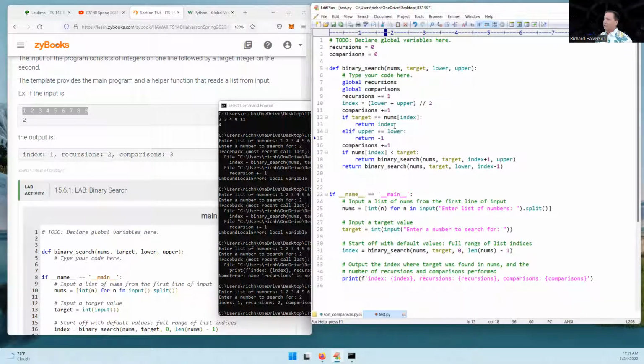And for some reason, they say that this does not count as a comparison. I wonder why that doesn't count as a comparison.